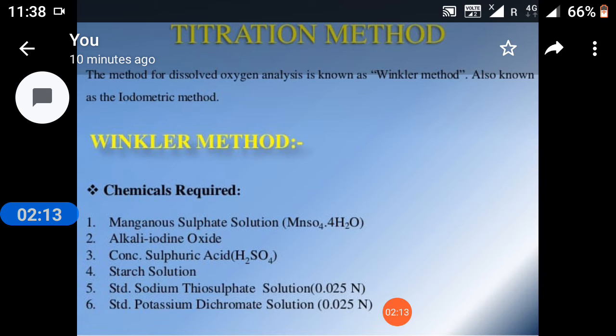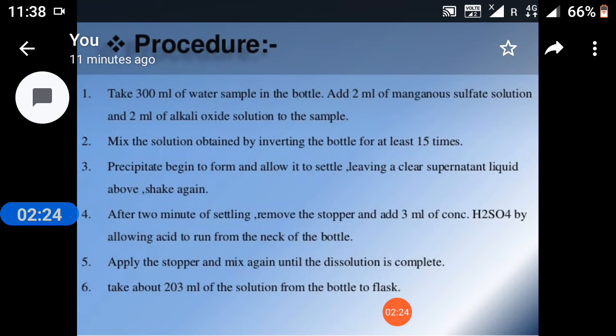Discharge the solution well below the surface, and similarly introduce 1.0 cm cube of alkaline potassium iodide solution. Be sure that no air becomes entrapped. Invert the bottle to distribute the precipitate uniformly.